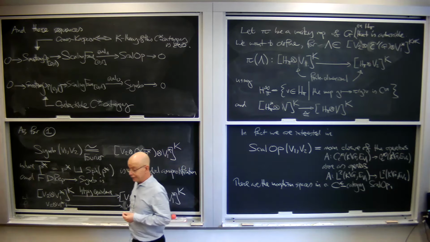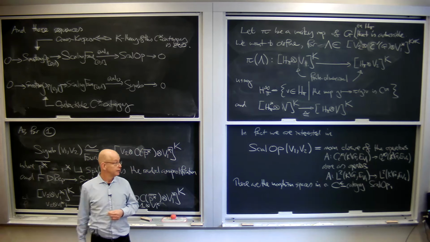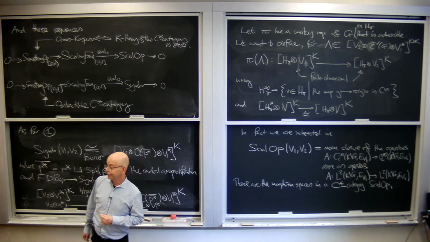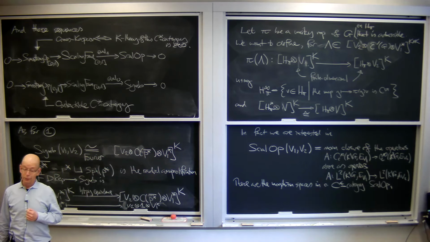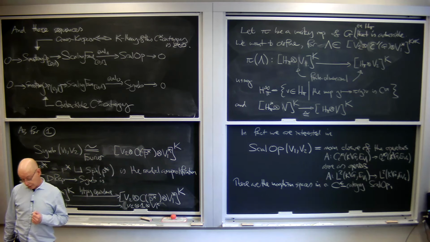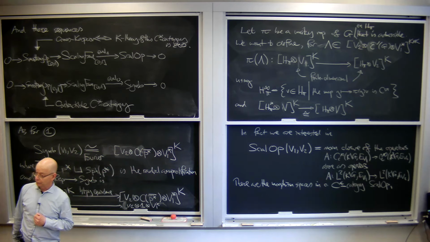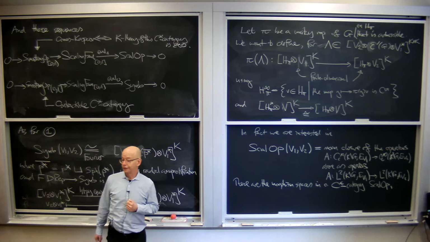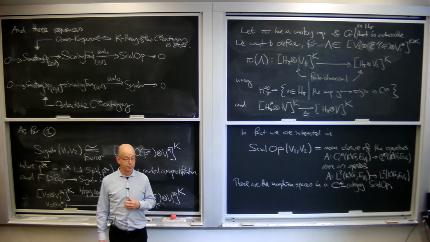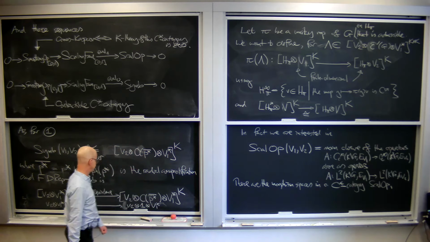It's not obvious from what I've written that there are any smooth vectors in H pi at all. So that's a little lemma, that the smooth vectors are dense inside of H pi. Not only that, but the smooth vectors which belong to a given isotypical subspace are dense in that isotypical subspace.